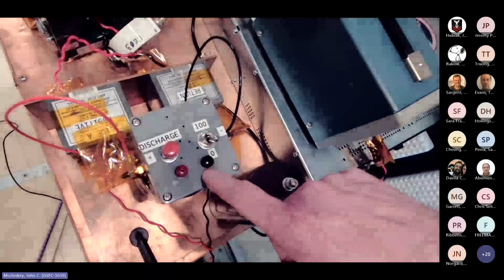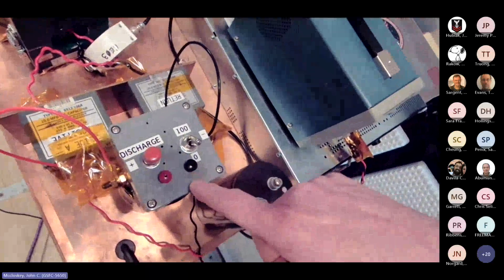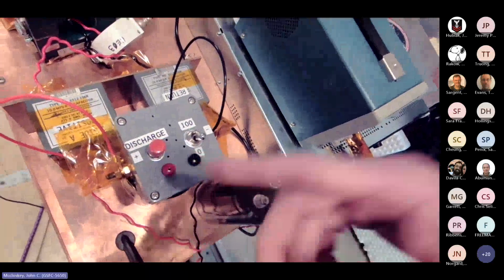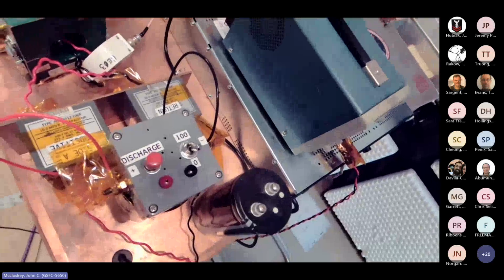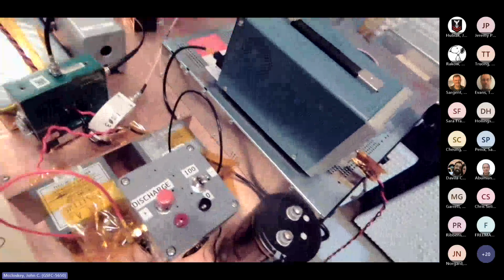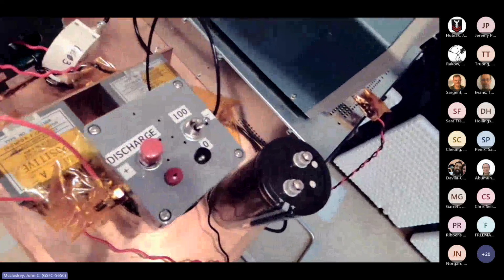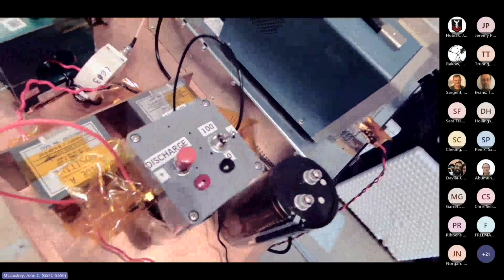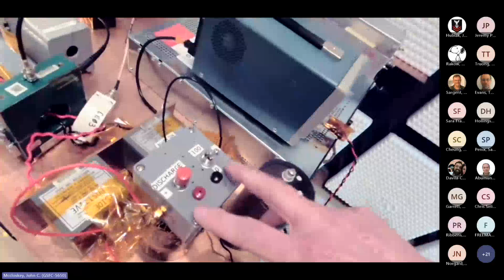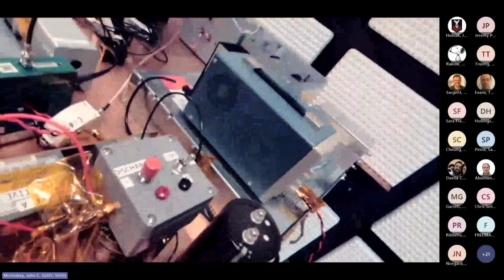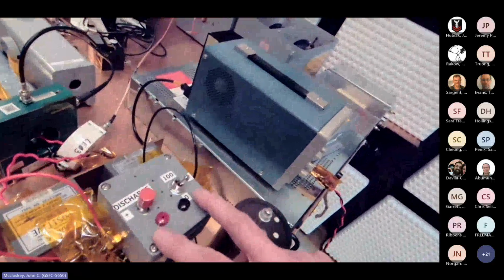I'm not going to do it now, but it'll discharge at 30 volts across a couple K in a gentle manner, and then you're back to a safe configuration where you don't have a hot capacitor anymore. And Rick built this up to mount it directly onto the capacitor, which is very handy.